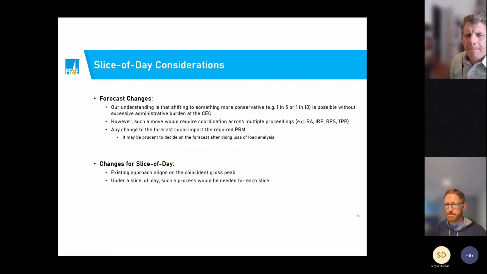I just want to remind us, on the point where PRM should be the same for all slices of the day, of a study that Don Brooks and CPUC did a couple of years ago, a very careful analysis of whether PRM should, based on expected unserved energy, LOLE, they did it a couple of years ago, and in that they found that to meet the 1 in 10 LOLE consistently, you needed to have a PRM of around 15%.